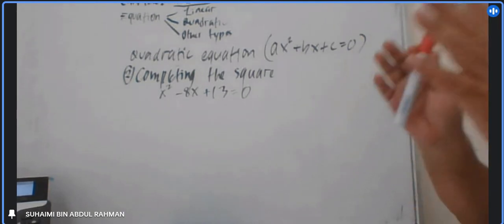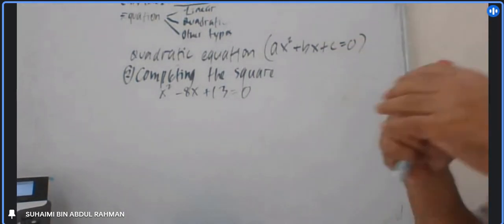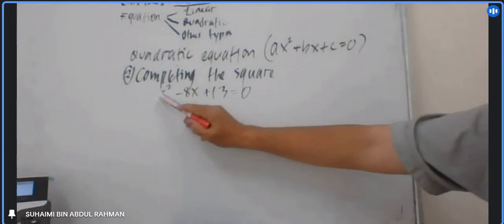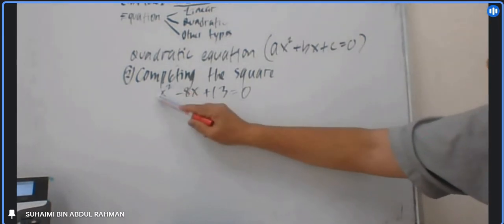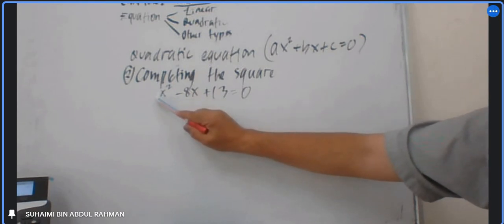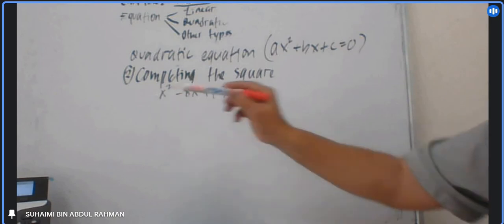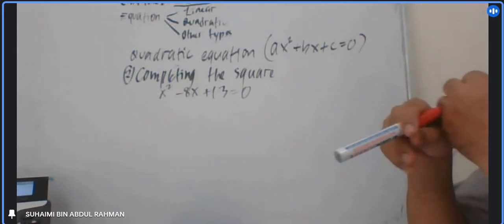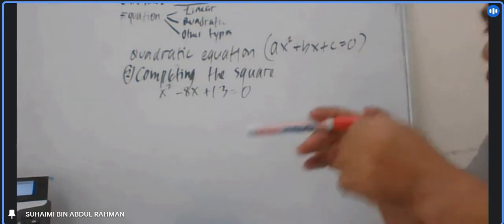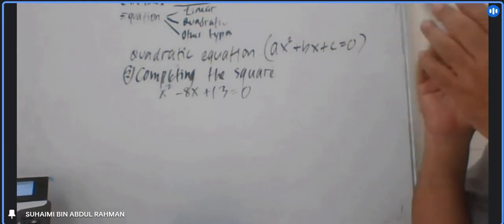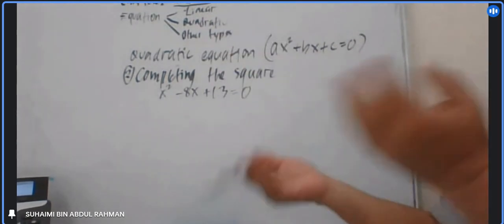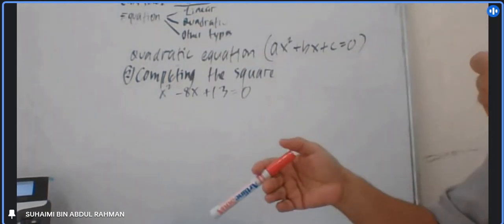Remember that before we go further, we have to make sure that the coefficient of x squared here must be 1. If the coefficient of x squared is not 1, we have to make it 1 first. But in this case, it's already 1. So no problems for the first step.